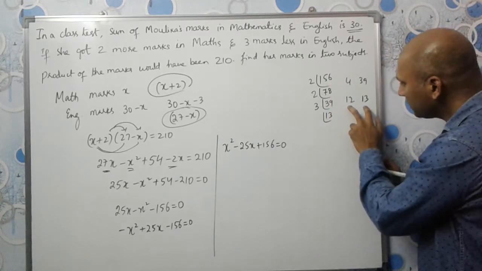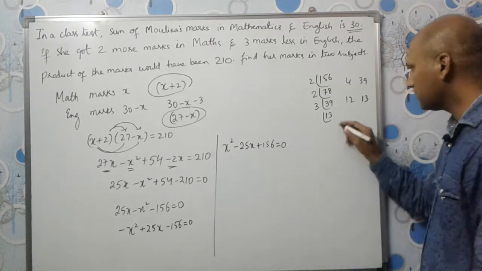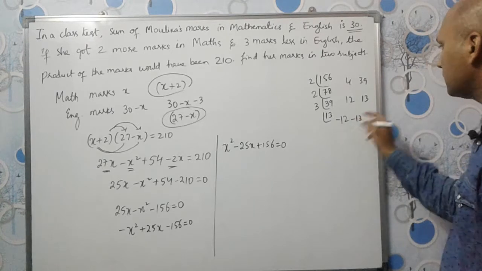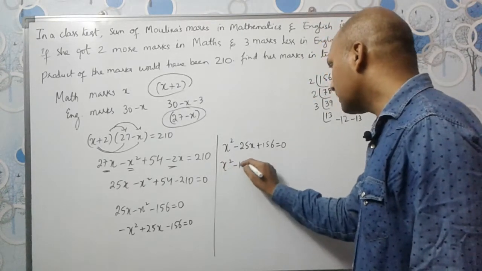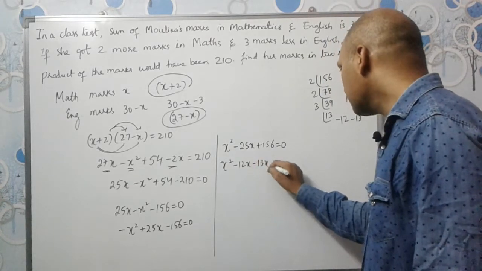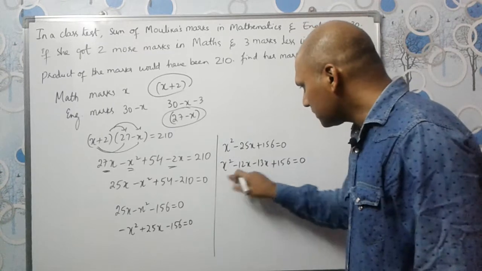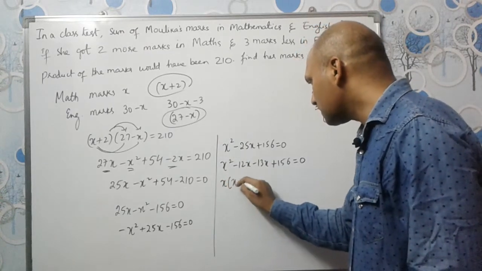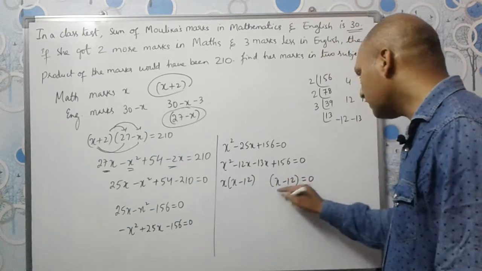Are we getting minus 25 if we use 12 and 13? Yes. If we write minus 12 minus 13, we'll get the middle term. So x square minus 12x minus 13x plus 156 is equal to 0. From these two terms we take x common, so this will be x minus 12, and whatever I get inside the bracket I'll have the same thing here.